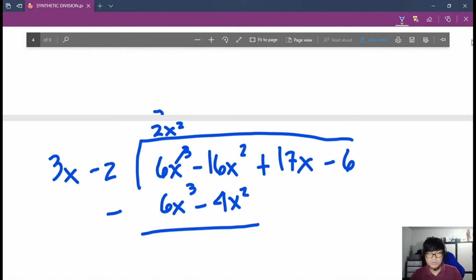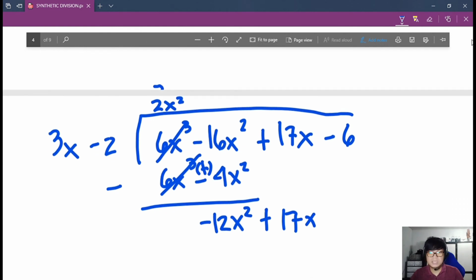Minus. So this one becomes 0. Ito maging positive kasi magkatabi sila ng negative. So, negative 16 plus 4, that's negative 12x squared. Bring down 17x.